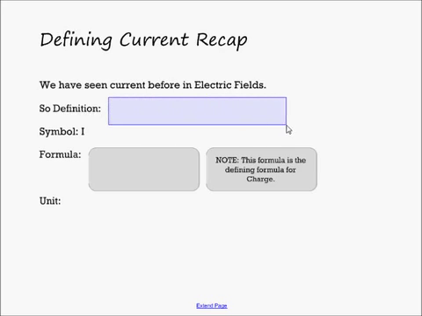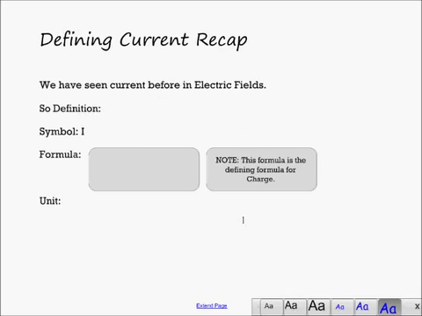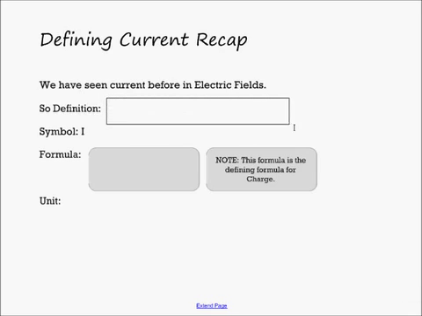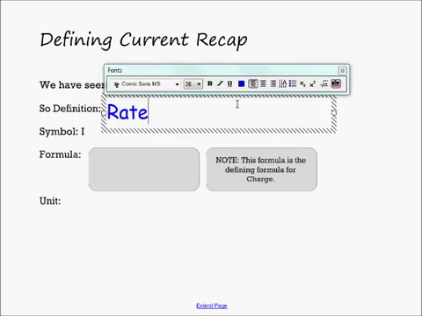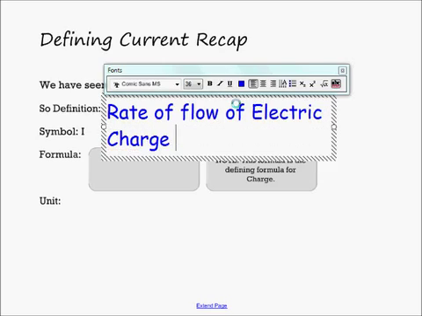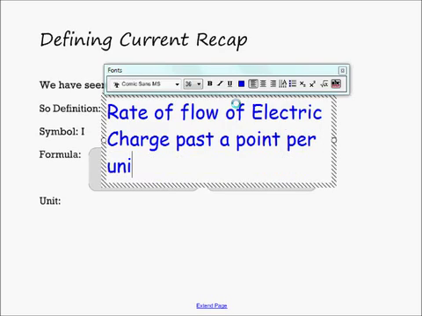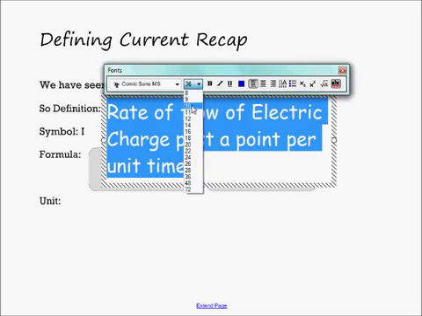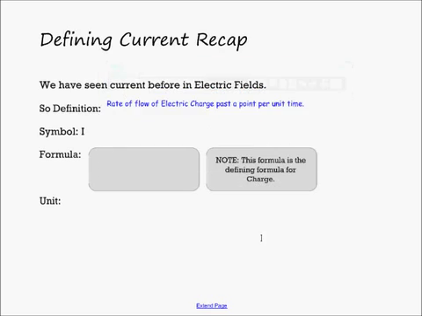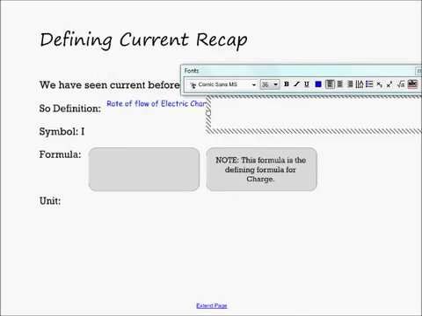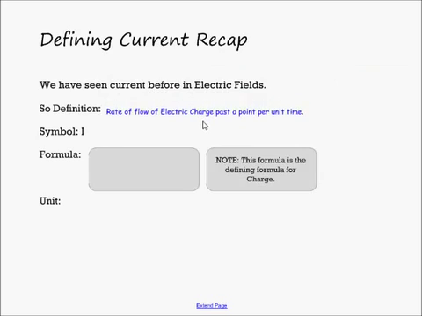So putting in the definition here for current, we could say it's the rate of flow of electric charge past a point per unit time. So there's one definition that we can use there.